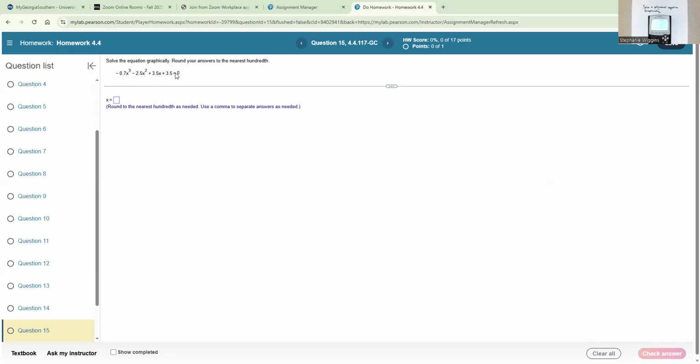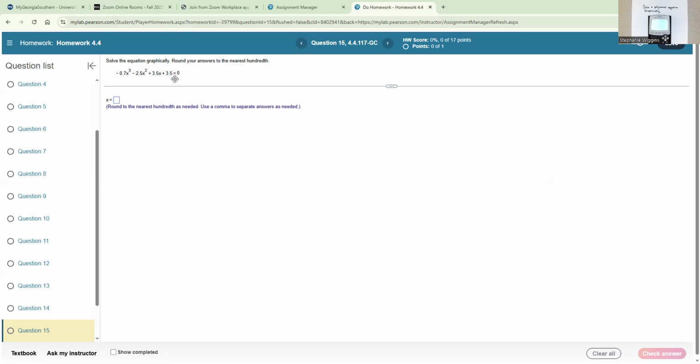So if I were to cover up the equal zero sign and just had f of x equals minus 0.7x cubed minus 2.5x squared plus 3.5x plus 3.5, with f of x equal to that polynomial, that's a function, a polynomial function.